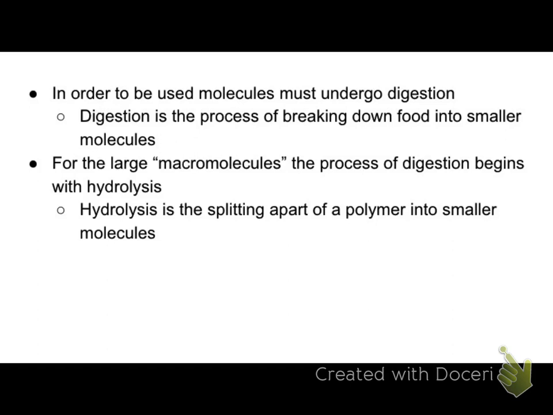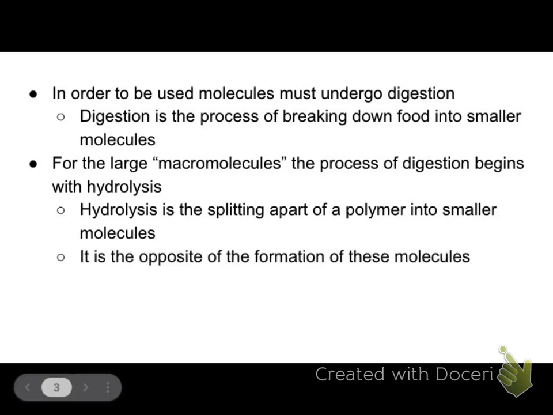And in order to be used, hydrolysis uses water to break down the bonds between those smaller molecules and break them into pieces. It's sort of the opposite of when those molecules are formed.